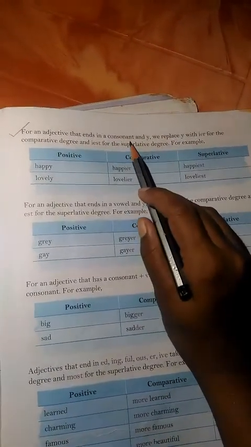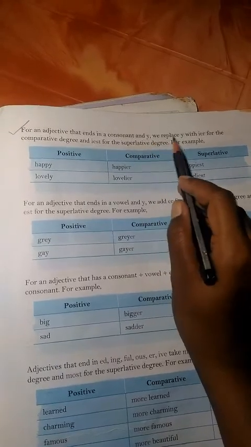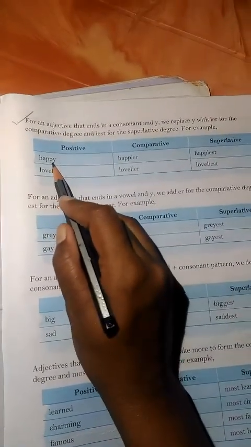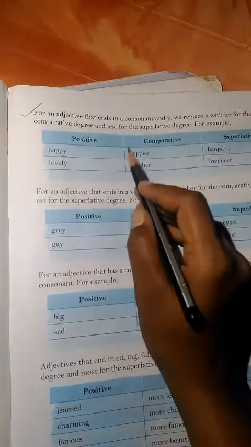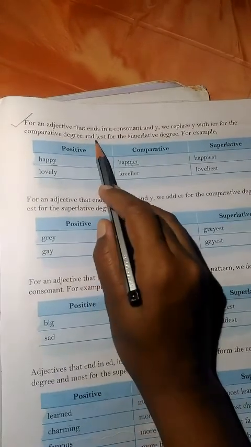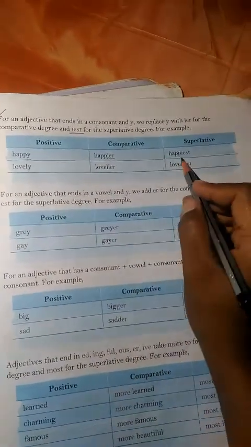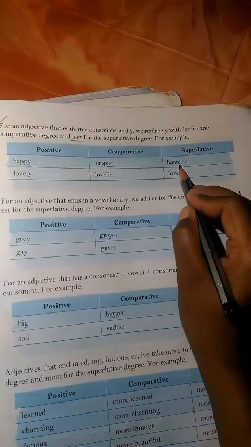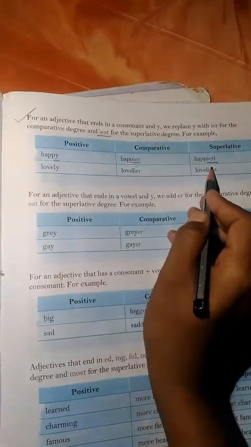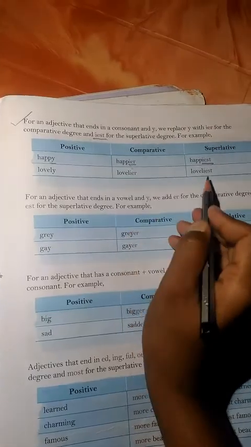When an adjective ends with a consonant and Y, we replace Y with IER for the comparative degree and IEST for the superlative degree. So happy, happier, happiest, lovely, lovelier, loveliest.